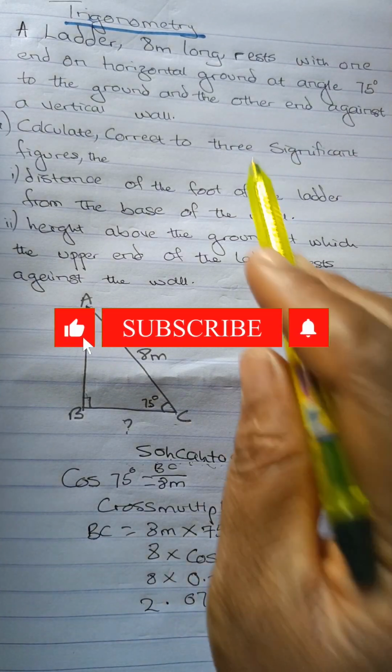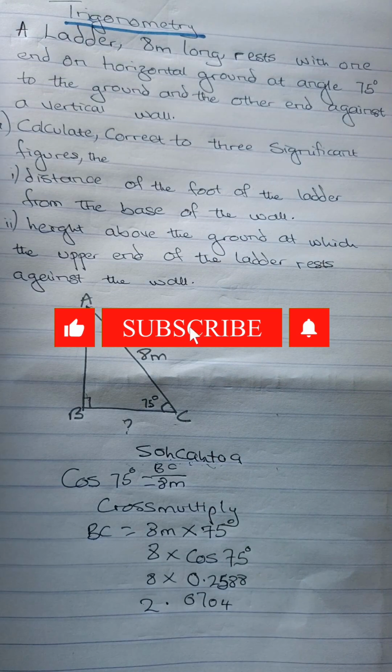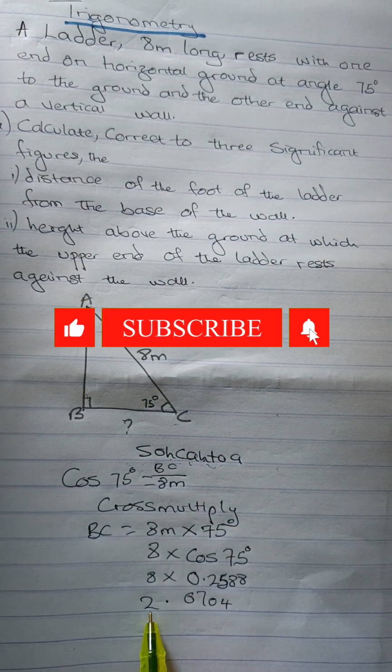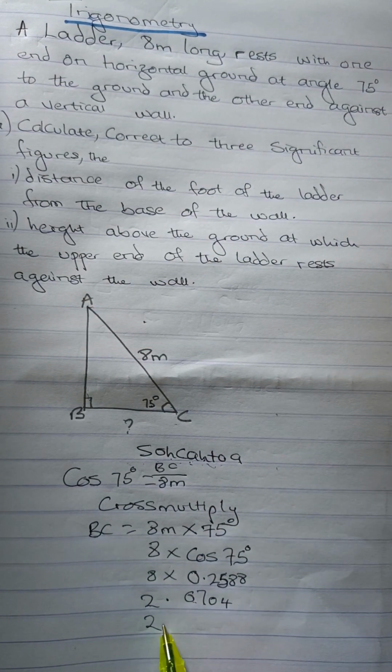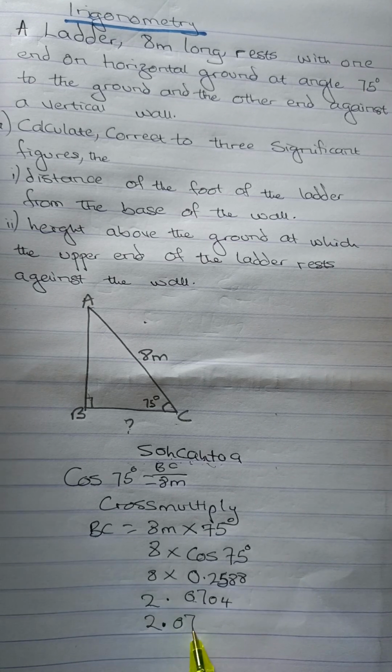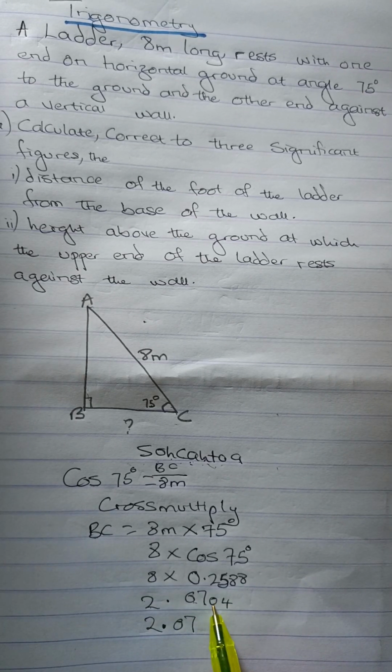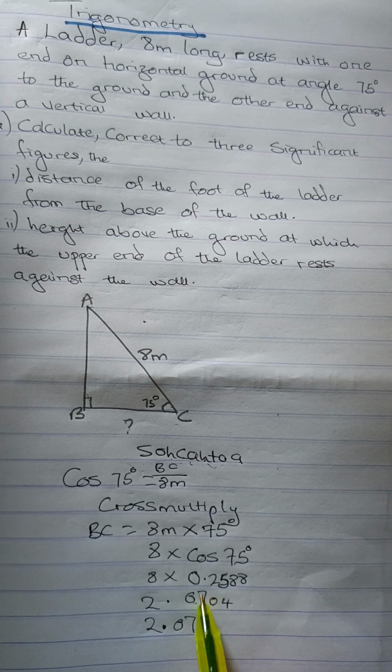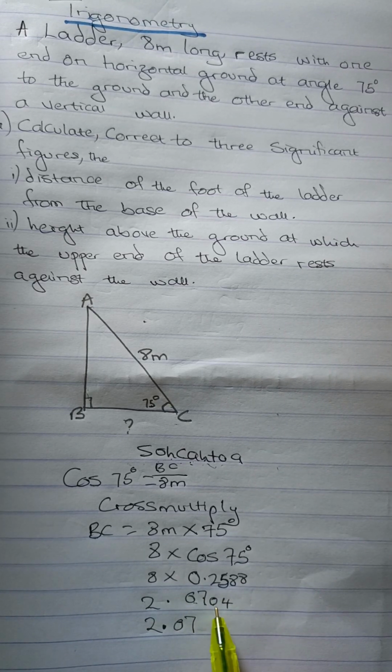They say we should give the answer to three significant figures, meaning they just want 3 figures. So it becomes 2.07. If the next digit was 5 or above, we would round up, but since it is less than 5, we just leave it at 2.07. This is three significant figures.